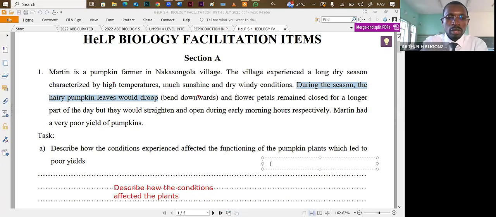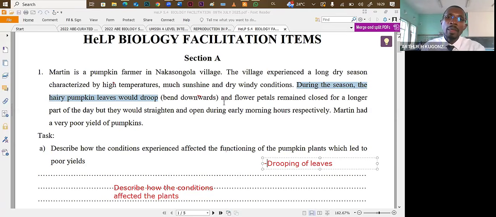So you note down drooping of leaves. That is my first point. Remember, we are looking for how the conditions affected the plants. So far I have drooping of leaves.